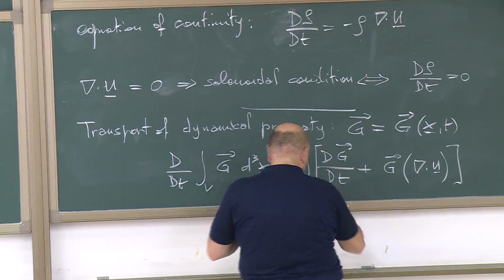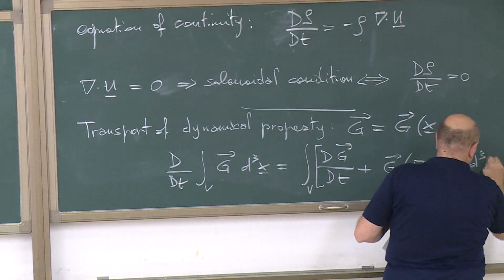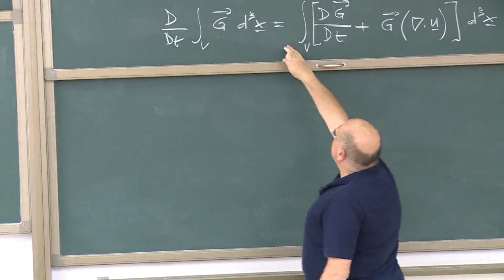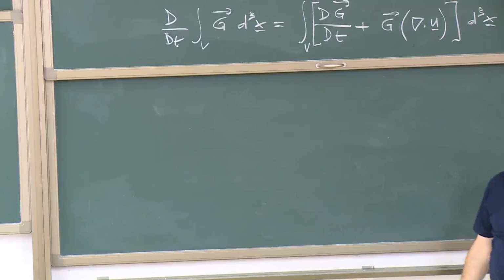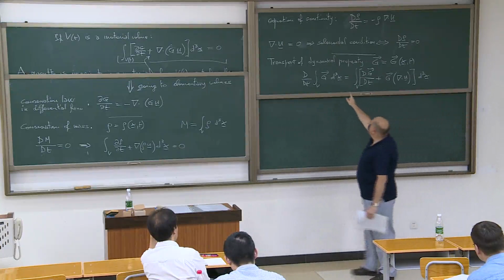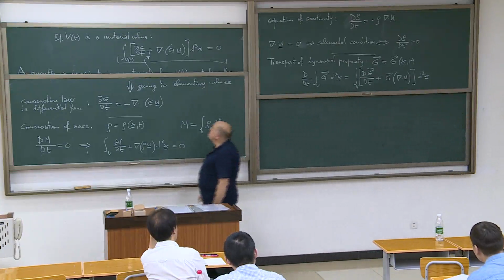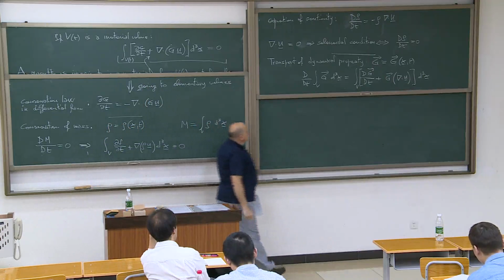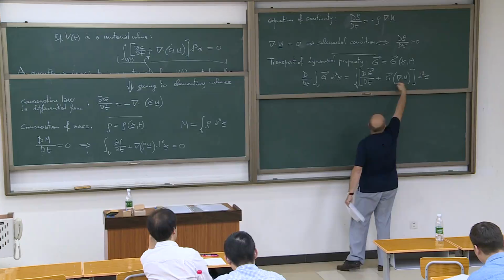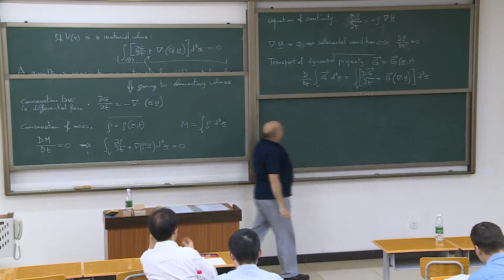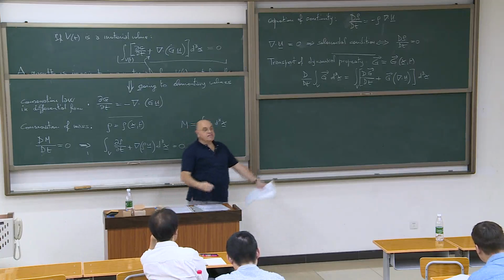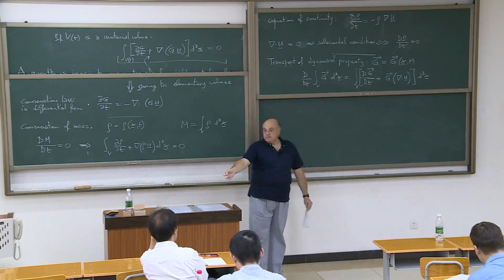So this is over V, and this is in d3x. Okay. Transport of dynamical property is easy to see that you get to there from the scalar quantity. It's not so difficult. Again, you have to do some algebra here.